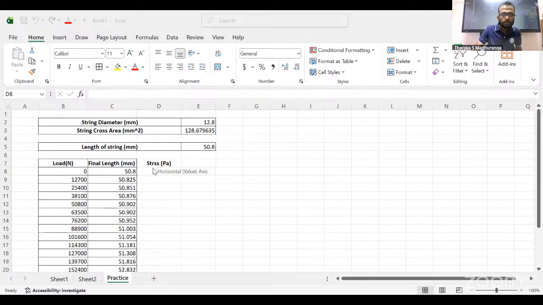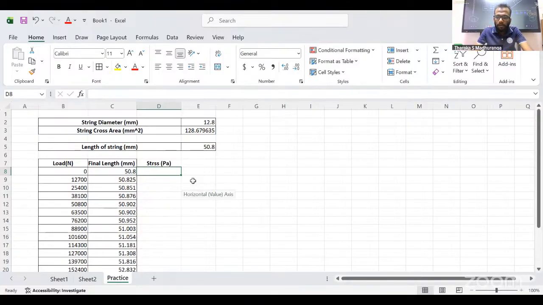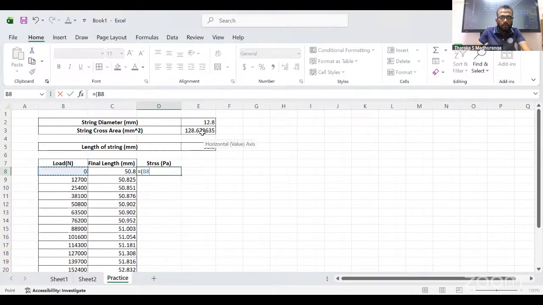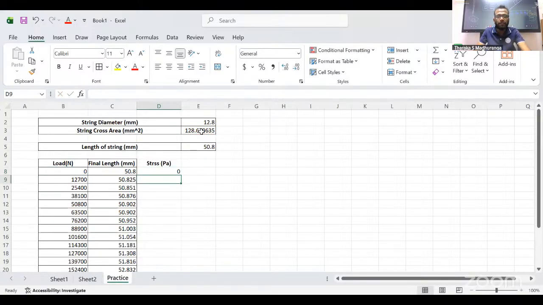Okay, what's the function? Okay, equal. That's the basic theory. Starting from equal, then brackets, the load, B8, divide by the cross section area, right? The value is zero. Why is it zero? Zero divided by this one, then it is zero.